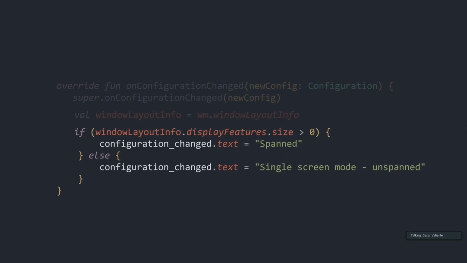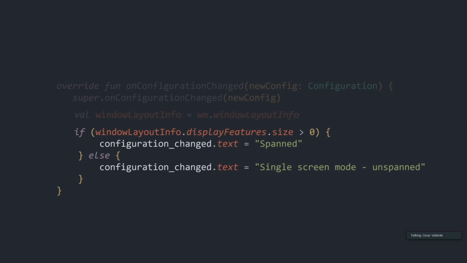When we do this gesture, when our app is spanned across both displays, is when Window Manager is going to give us information that the window layout info has changed, and which device our app is running on.